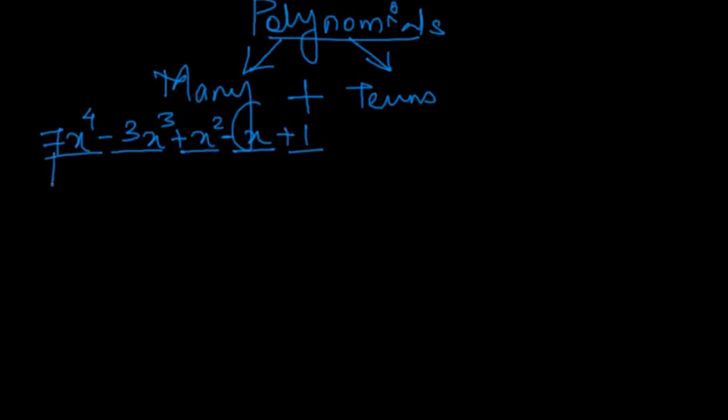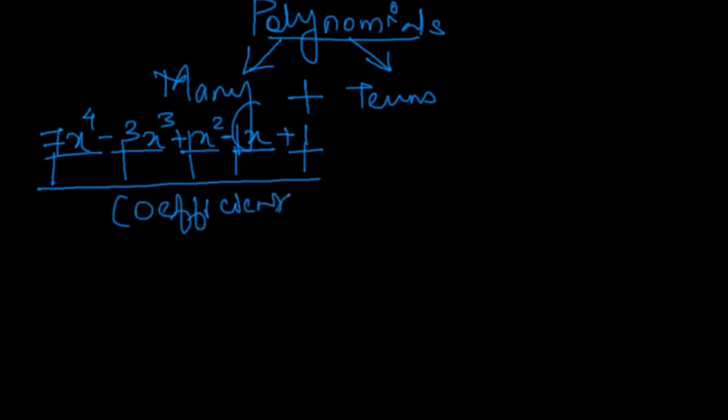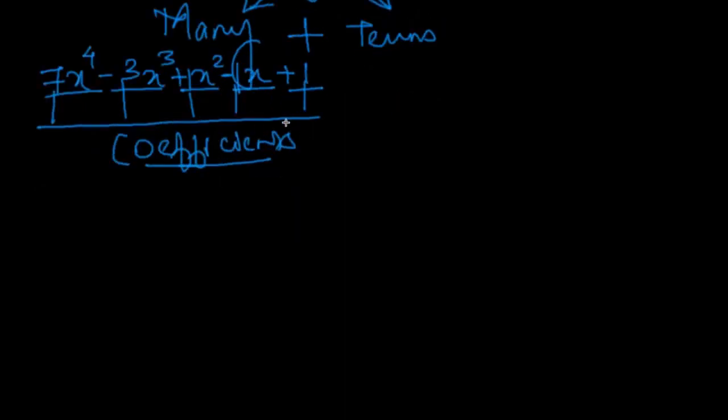You can see 7, minus 3, plus 1, minus 1, and plus 1. All these numbers, all these values are called as coefficients of polynomials. Okay, so that's about polynomials.